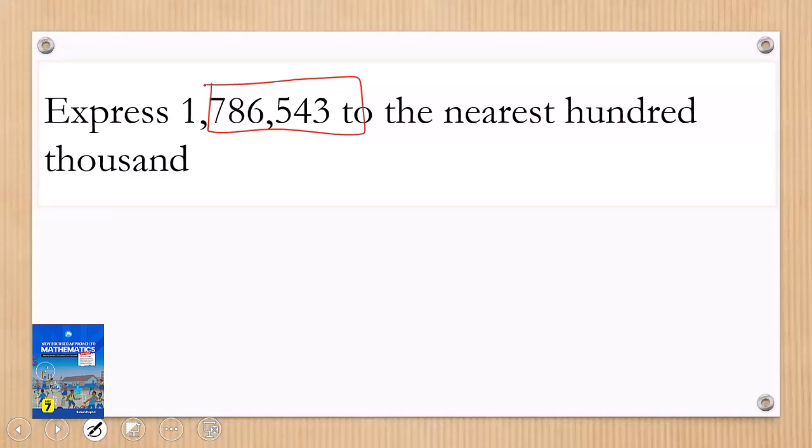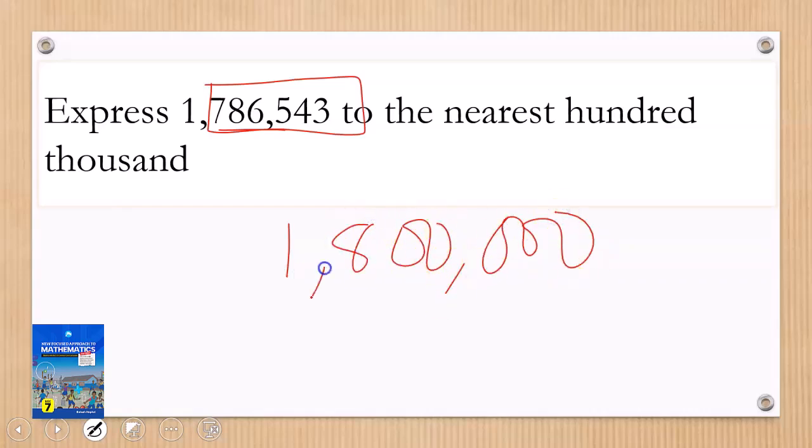But to the nearest 100,000, you see that 786 is closer to 800,000 than 700,000. So this answer becomes 1,800,000. So this is how it's going to be. 1,800,000 becomes the answer.